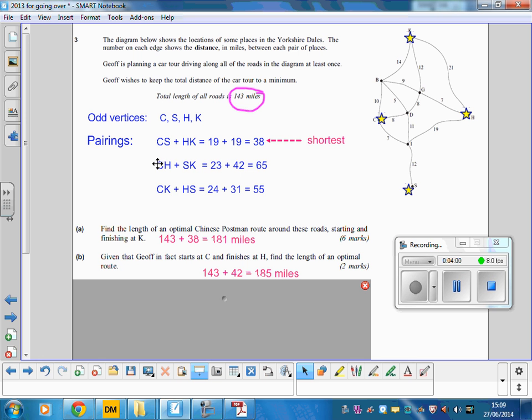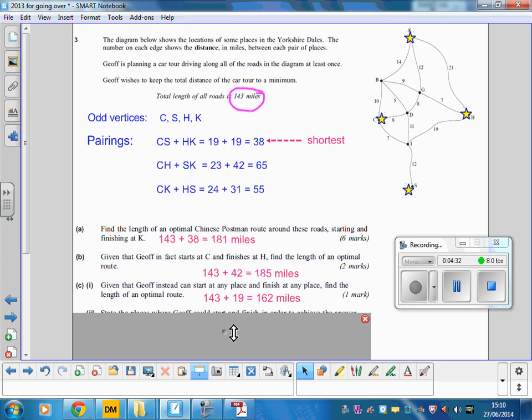So if CH has got a distance of 23 between it, you're not adding the 23, but you're adding the one next to it, because it's the bit of route between S and K, the other odd vertices, that you actually need to repeat. So you need to add your 42 this time onto the 143, and that gives you 185 miles. So it's not the start and finish vertices that you repeat, it's the one next to it, 42.